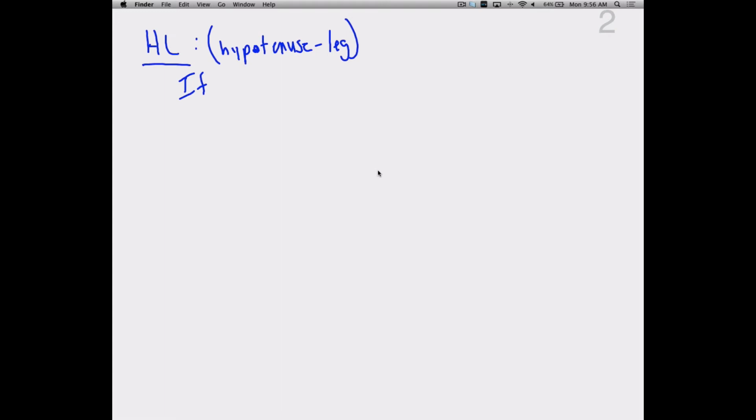Hypotenuse. If the leg. Wait, that's the hypotenuse. The legs, hypotenuse. Like if it was, and the hypotenuse.